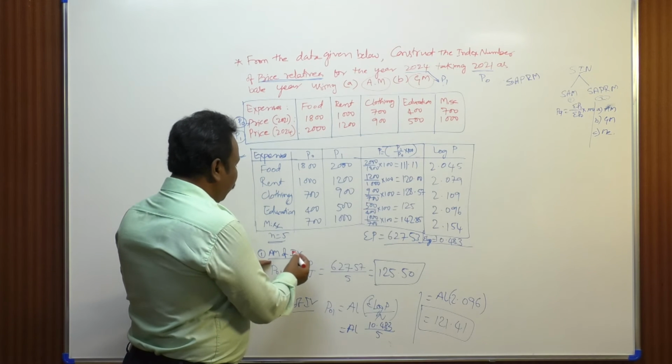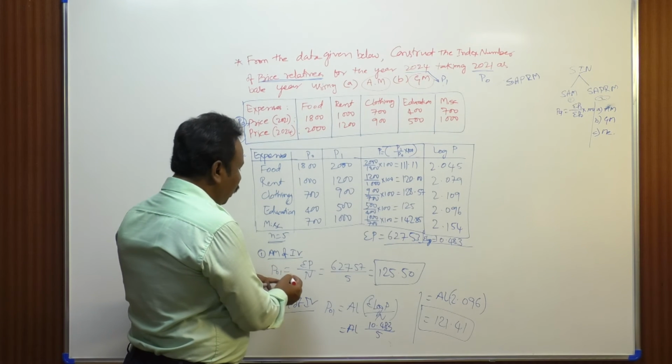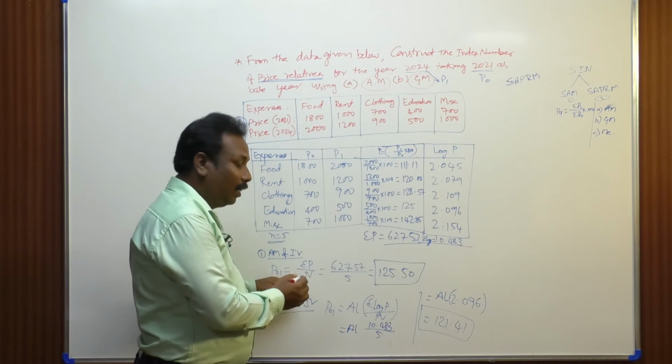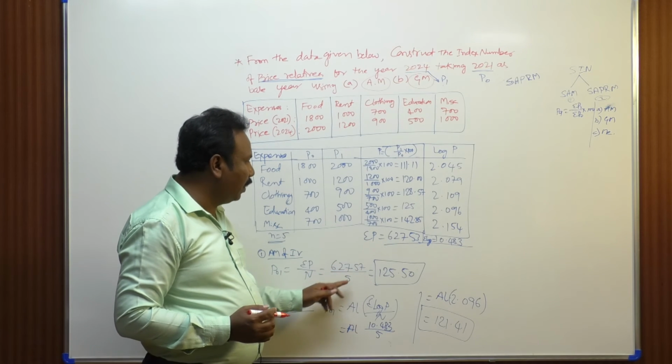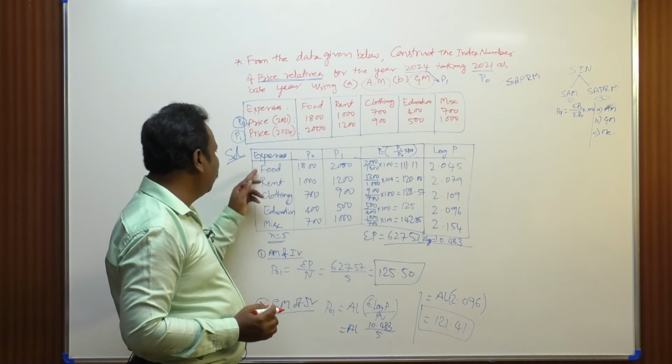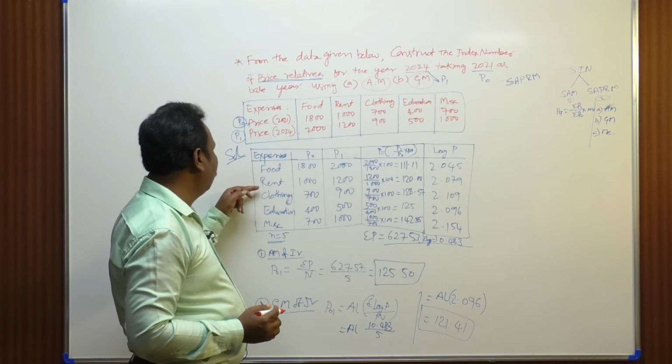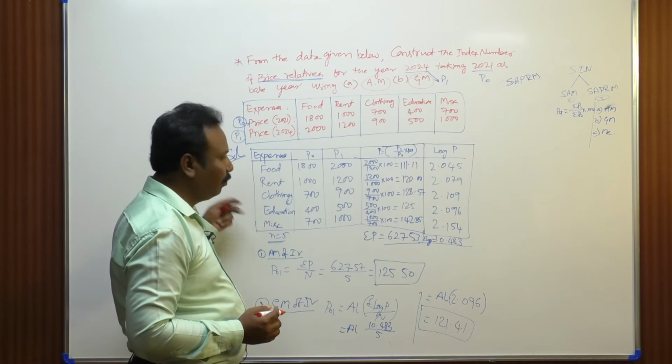Now, arithmetic mean of index value, that is P01 equals sigma P divided by n. Sigma P is calculated as 627.57, divided by n, which is 5, the number of items, number of expenditures, number of commodities.